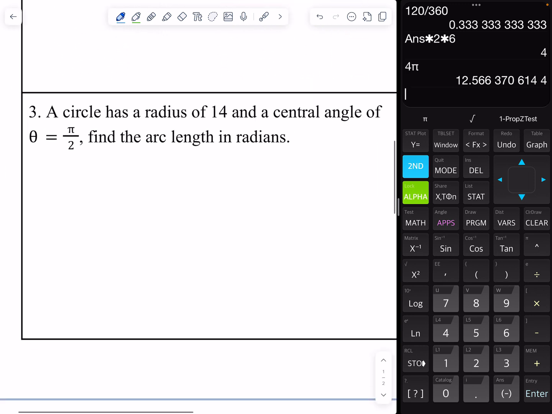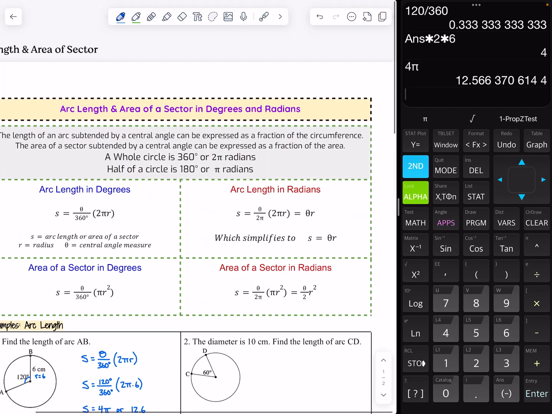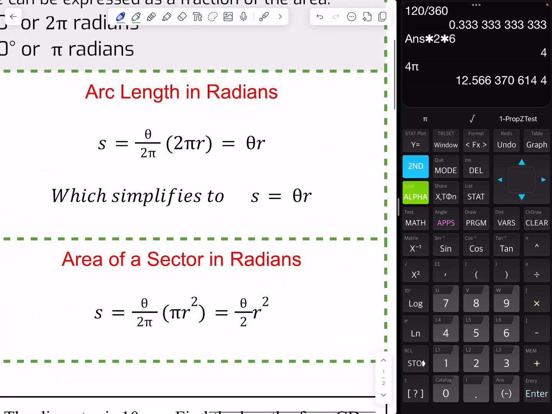Number 3 says a circle has a radius of 14. So let's write r equals 14 because they've told us the radius. And a central angle of theta equals pi over 2. Find the arc length in radians. So arc length in radians, if you saw at the top, really reduces to be a very simple formula.